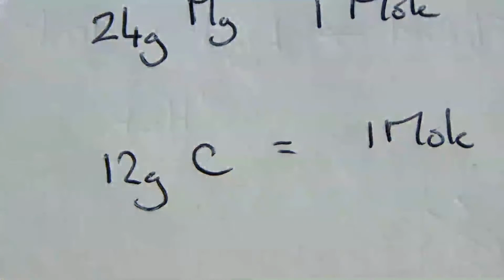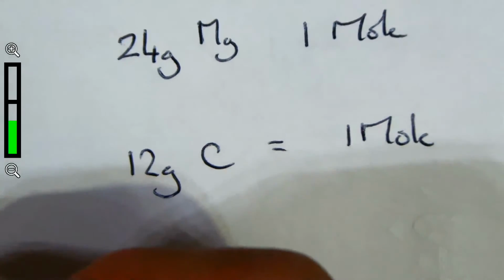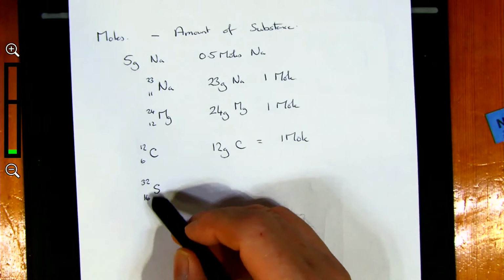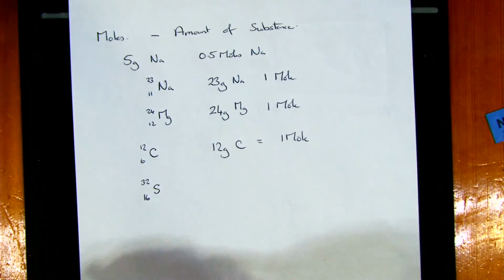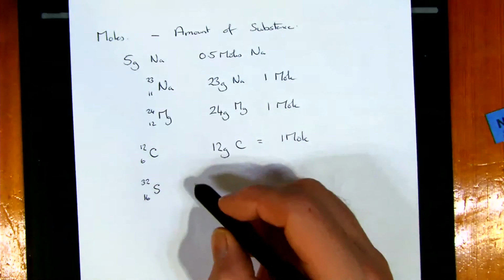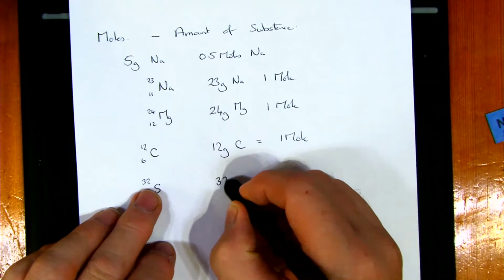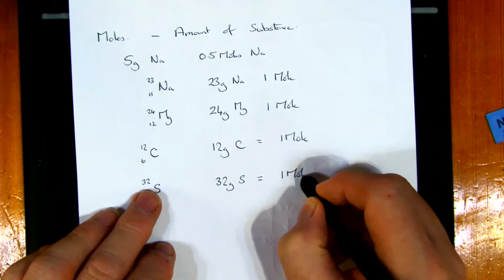And for many of the lower elements, we often find that these numbers are half of what we want. So 16, 32, 6 and 12, 12 and 24. Yeah, they don't always work. 23 and 11, but we'll work on this. 32 grams of sulfur equals 1 mole.